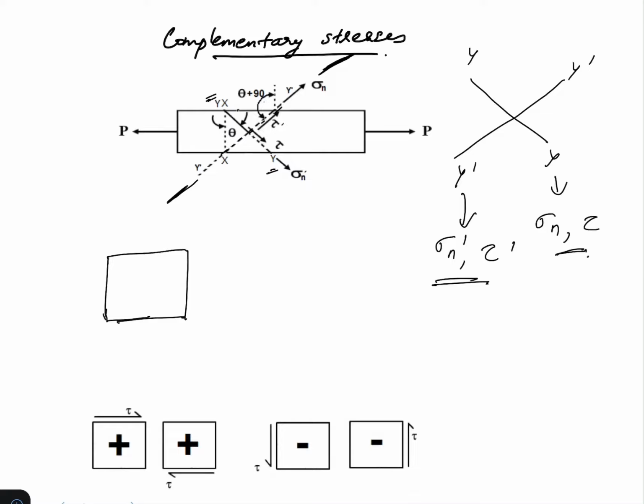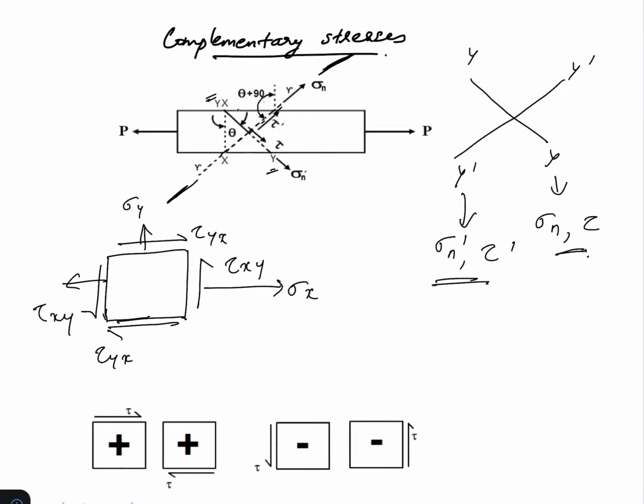In that element we have stresses sigma y here, tau yx here, tau xy here, sigma x like this, and similarly we have tau yx, tau xy, sigma x, sigma y.